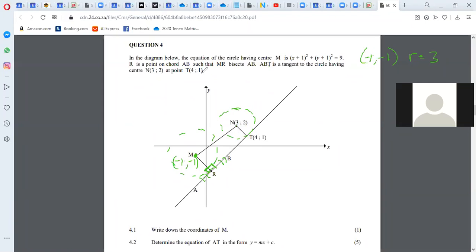So like that. So do they not mean this? Center M, R is a point on a chord AB such that. Oh, and it's a chord AB. So this actually goes bigger than that. This is not a very nice question. Okay. They're saying that AB is a chord, which means that the circle goes through it. So in other words, it's something like, oh no, that's still not right.